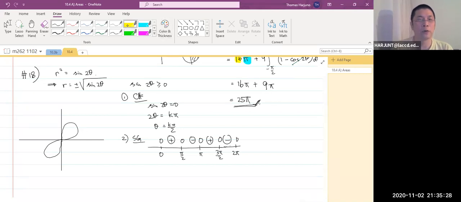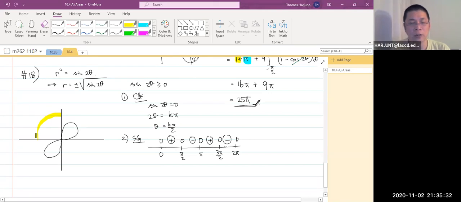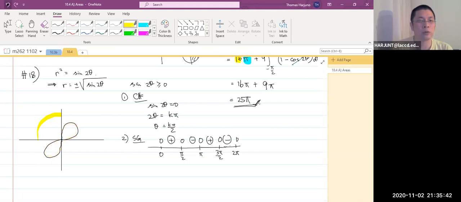From pi over 2 to pi, there should not be anything there. From pi to 3 pi over 2, you have something that looks like this, a loop and the negative counterpart. So yeah, that's what it looks like. So it will just look like a diagonal 8. Let's confirm.